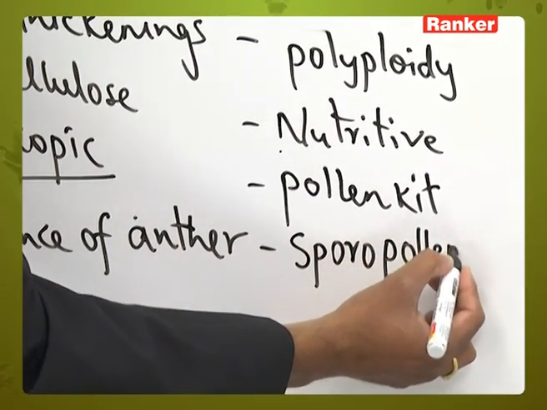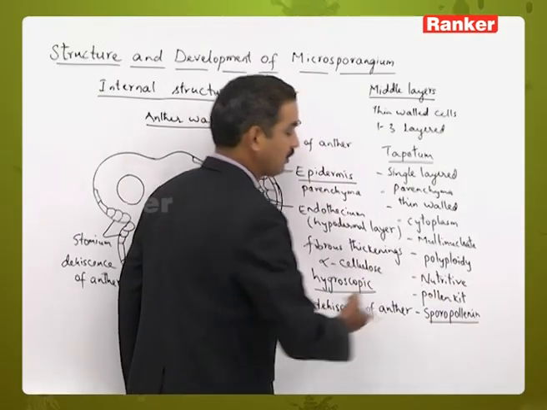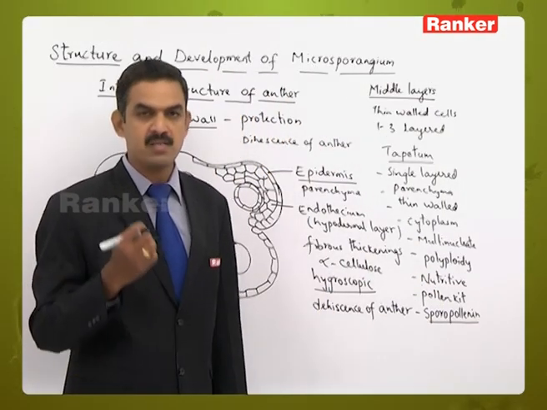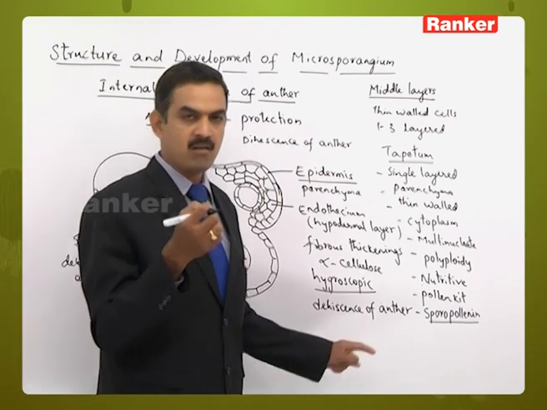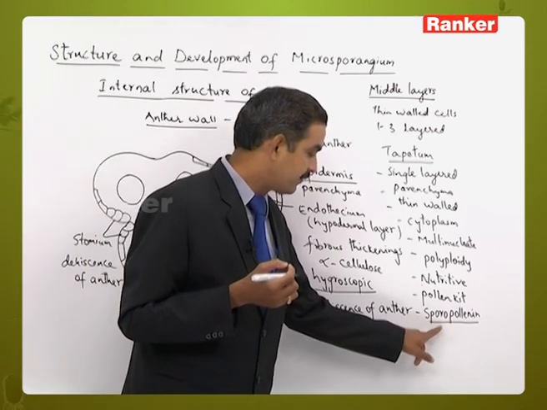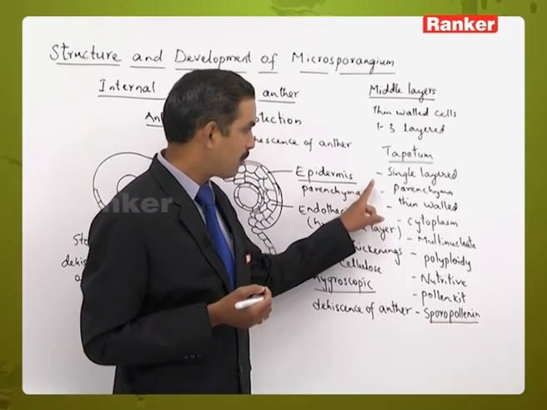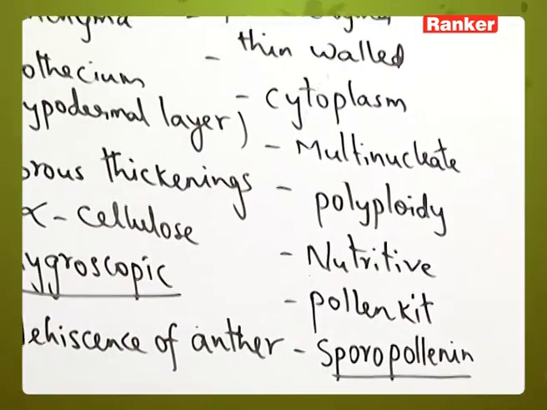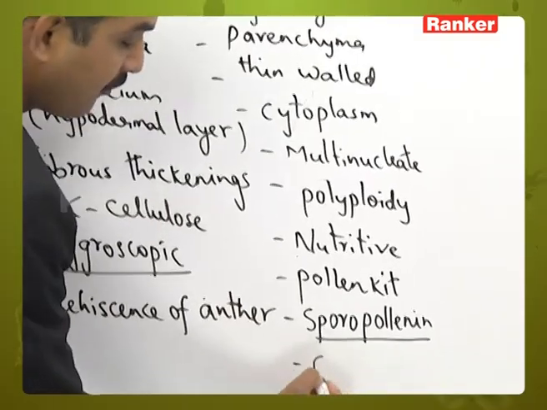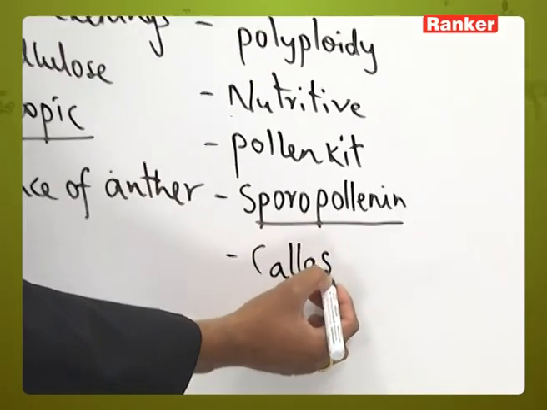This sporopollenin is a complex organic material, a chemical present in the exine of the pollen grains. That is also formed by the tapetum cells, and it also helps in the formation of the callase enzyme.